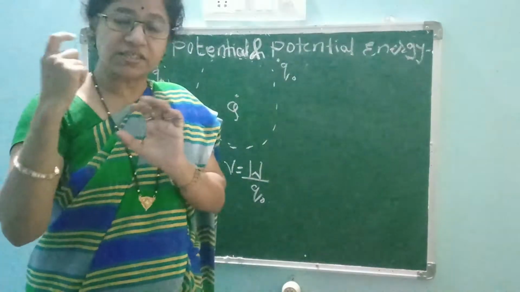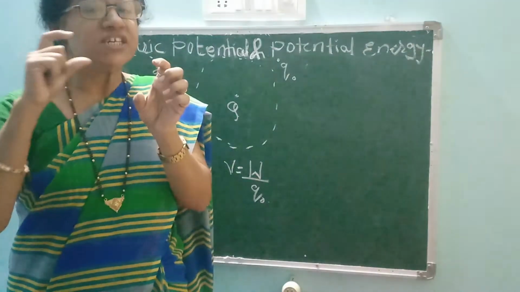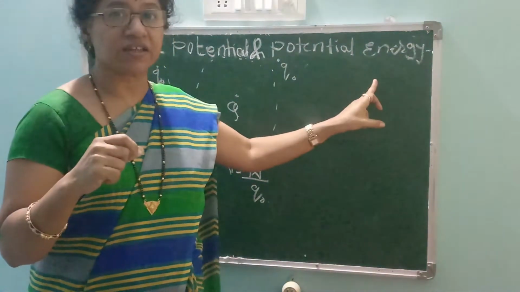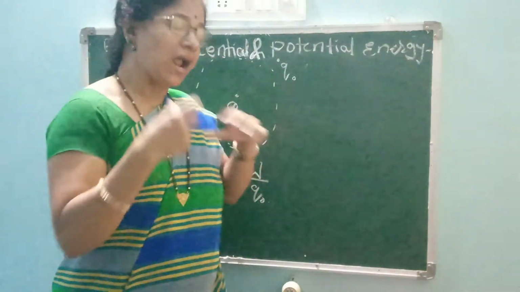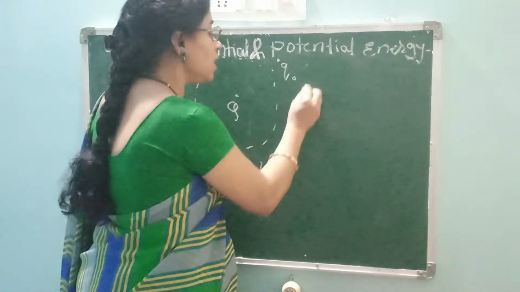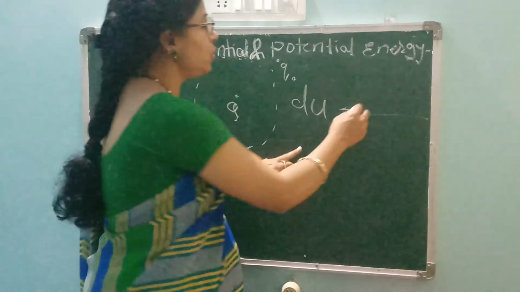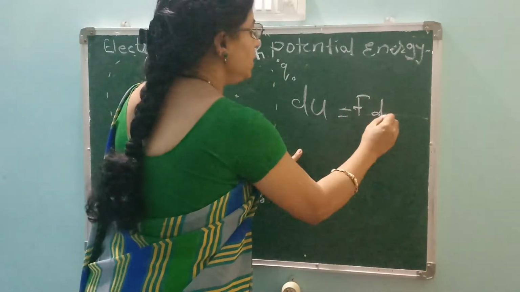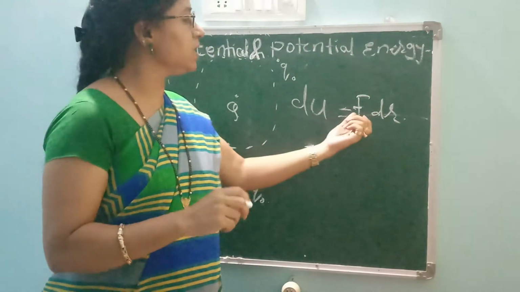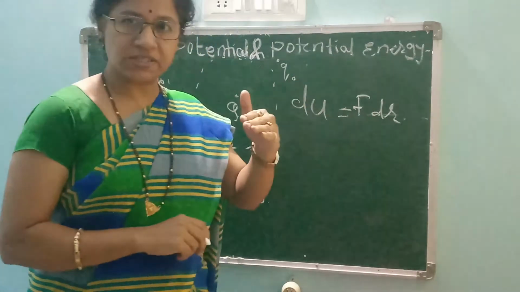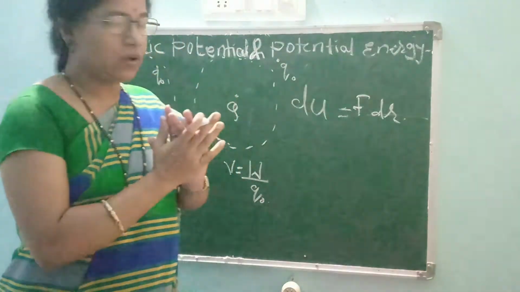And since the work done against the force is the change in the potential energy, or we can say the increase in the potential energy, we can write it in the form dU is equal to F dr. So this dU is nothing but the change in the potential energy, F means the force exerted, and dr is nothing but the displacement.